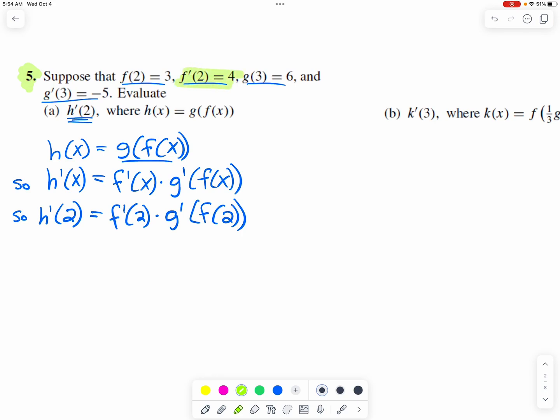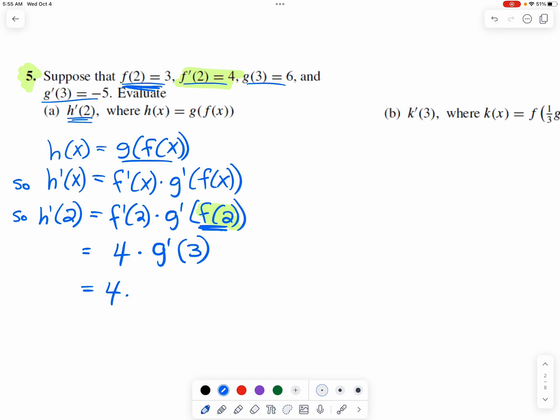Oh, that's 4. I'll fill that in. So that means that is 4. And then I need g prime of what is f of 2. So I go back up to the top, and it says, oh, f of 2 is 3. So I really need g prime of 3. See how I'm working from inside out? One more step.